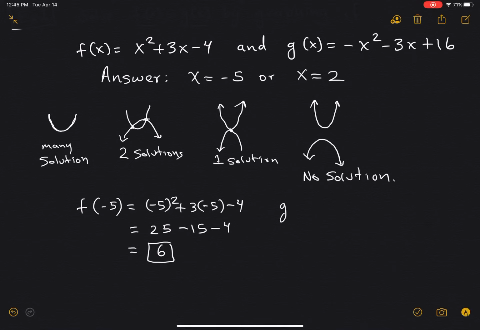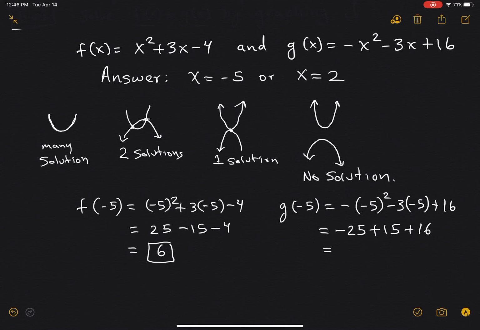Since we know we got this answer right, when we substitute -5 into g, we're going to see that they are actually the same at that point. So this is -5 squared, which is 25, but there's a negative outside, so it's -25, plus 15, plus 16.